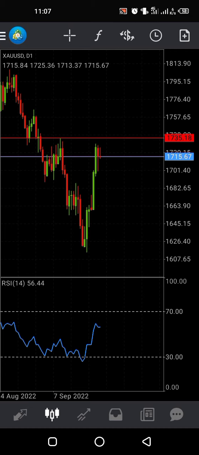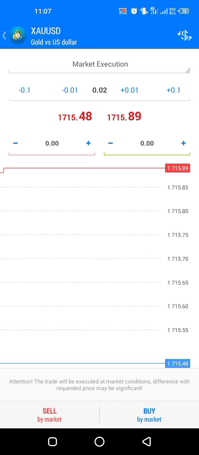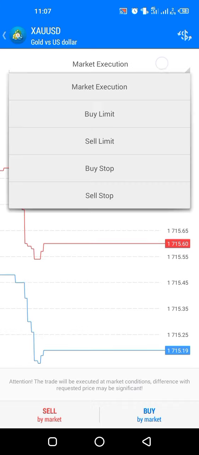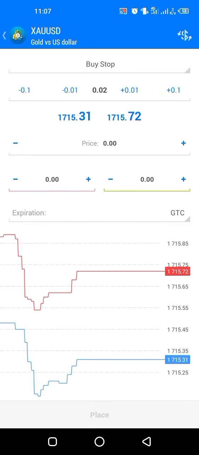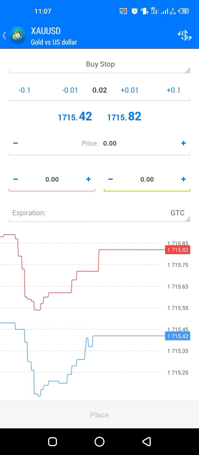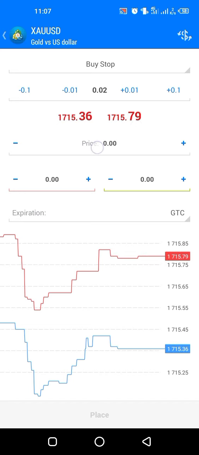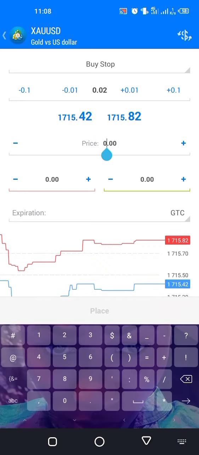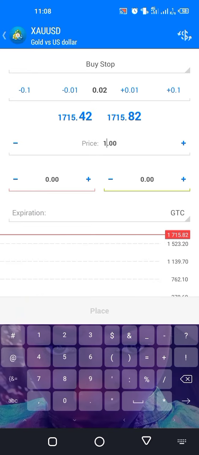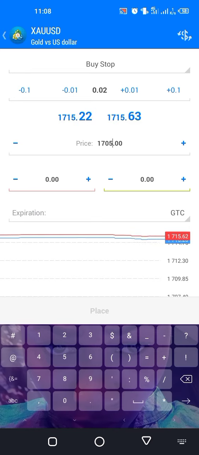So let's say we want to place a buy stop, for example, and I told you buy stop has to be above the current market price. So let's see, buy stop, what is the current market price for the buy is what you have here. Now if you place 1705, okay, now this is a price below the current market price.